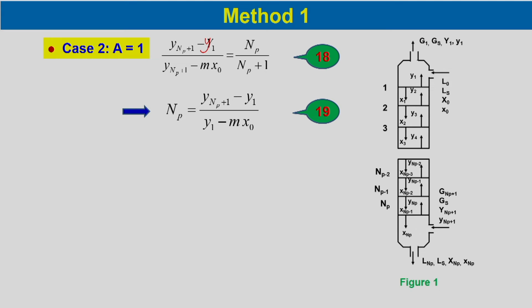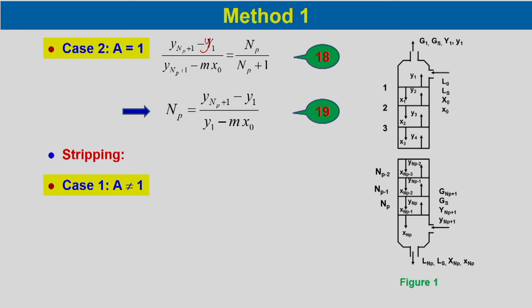If we rearrange this equation, we can get n p equal to (y n p plus 1 minus y 1) divided by (y 1 minus m x naught). So, in this case, knowing the inlet concentration of gas and liquid and the exit concentration of the gas, that is the terminal concentration, we can obtain the number of plates when the absorption factor is 1.